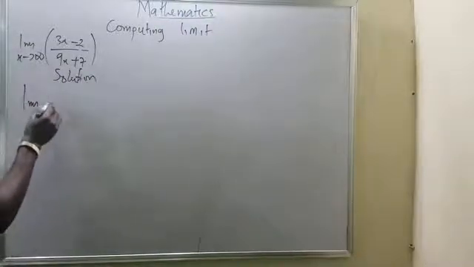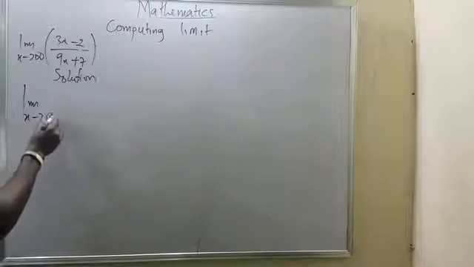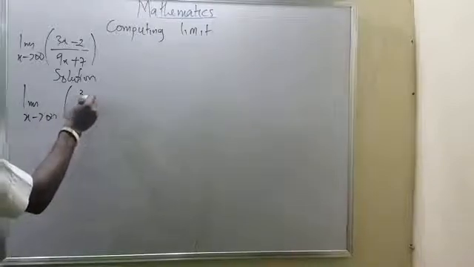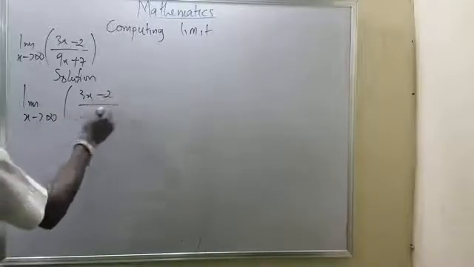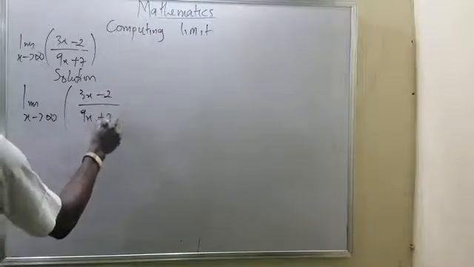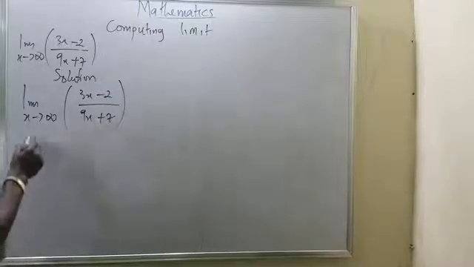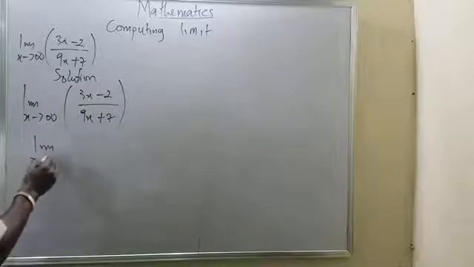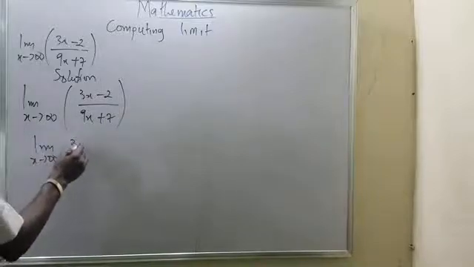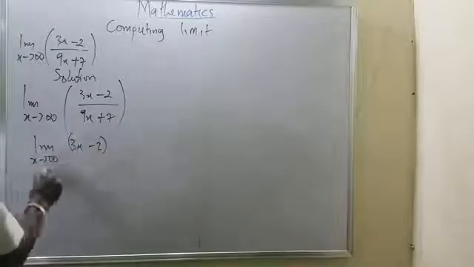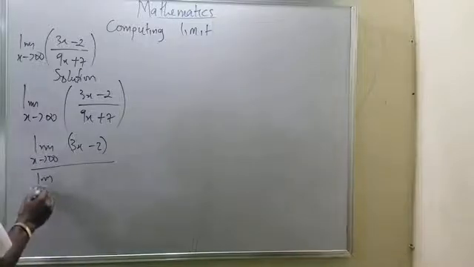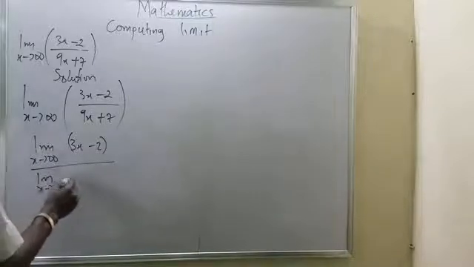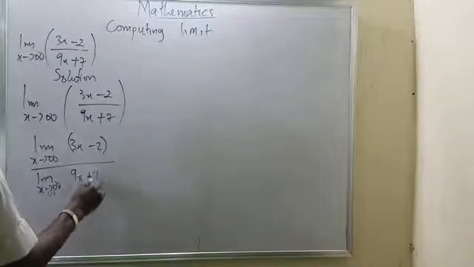Limit as x tends to infinity of (3x minus 2) divided by (9x plus 7). With the help of my property, I can say that it is the limit as x tends to infinity of 3x minus 2, divided by the limit as x tends to infinity of 9x plus 7.